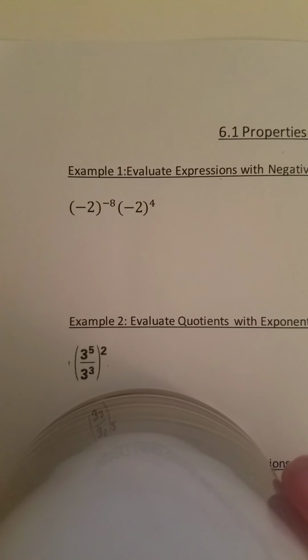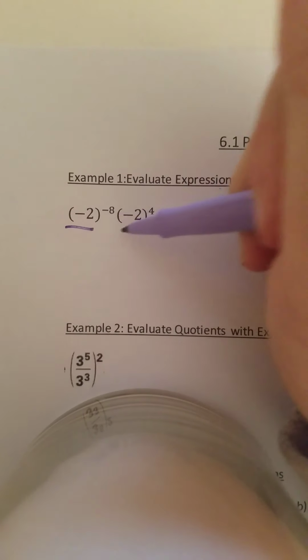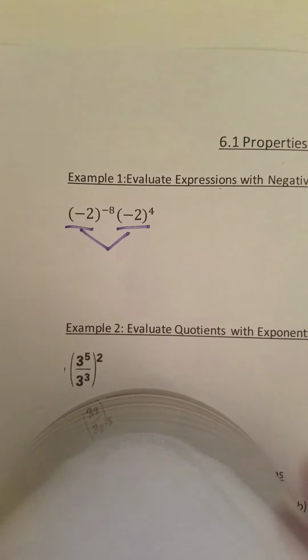So if we look at example 1, we have -2 to the -8th power and -2 to the 4th power. These two numbers, the -2's, are being multiplied.